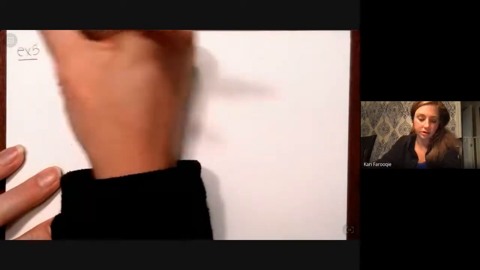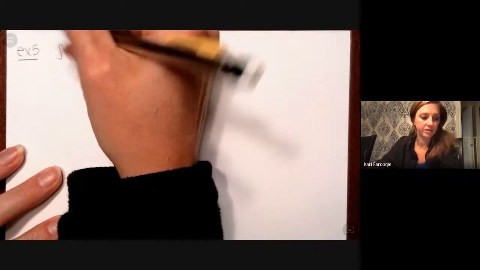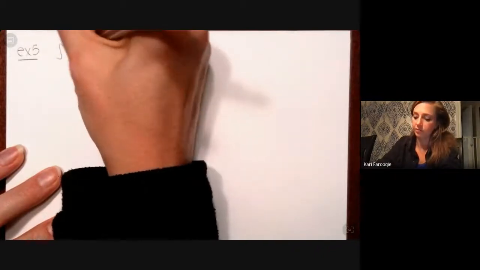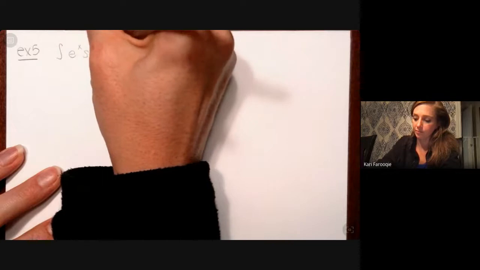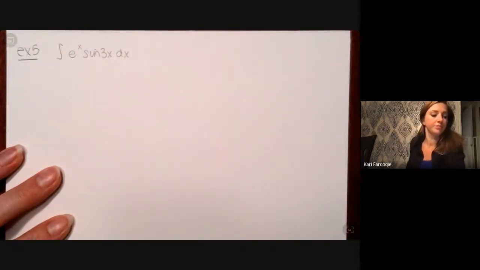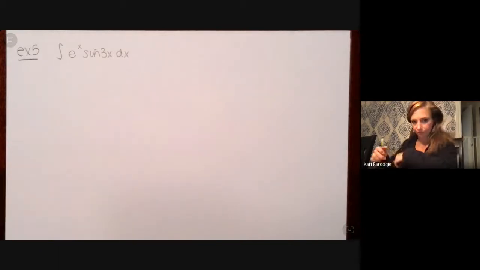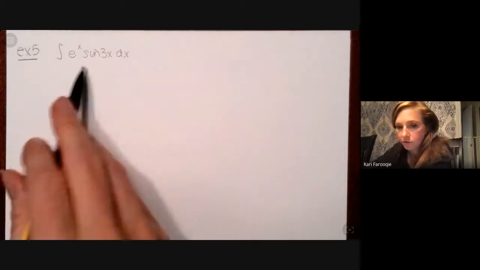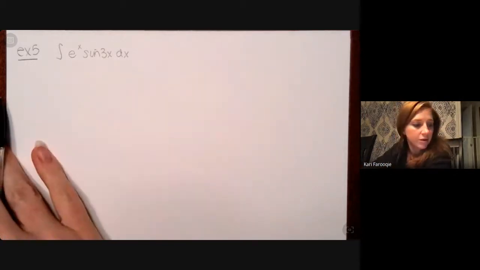So this is going to be the integral of e to the x sine 3x dx. Now, your choice of u and dv, I mean, it's kind of up to you in this case.